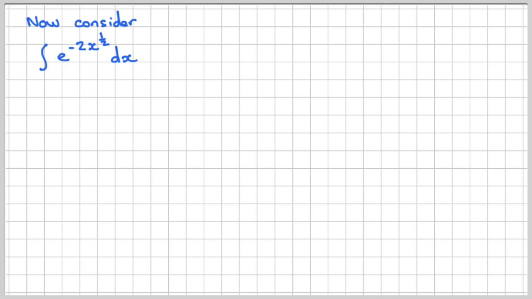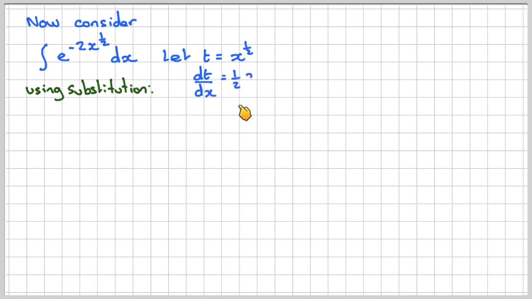Right, this has to be done by substitution and then a bit of parts as well. So using substitution, I'm going to invent another variable. We're going to let t be equal to x to the half, and then you differentiate that. So you're going to get a half x to the minus a half. Using your rules of indices, that becomes 1 over 2 root x. So dx will be equal to, making dx the subject, 2 root x dt.